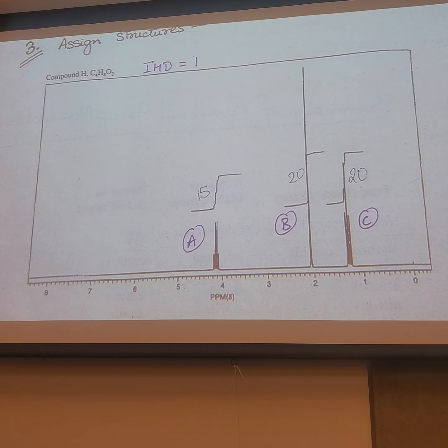It's 1.3. 20 divided by 15 can't be 1.5. Yes, 1.3, because of course you get digits after that.